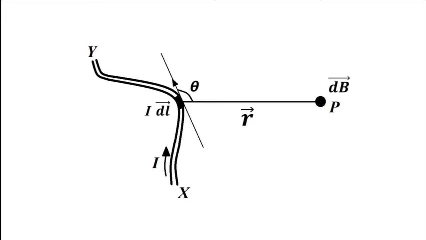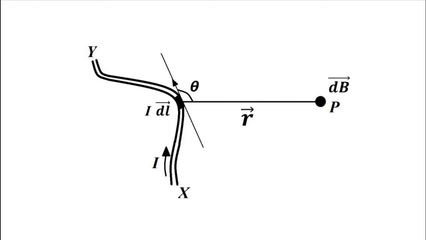So just in a quick way, Biot-Savart Law basically involves splitting a whole conductor of length from X to Y into small current elements, each of a small length dl. Combined with the current flowing through it, the product of both is I dl, which is called a small current element.